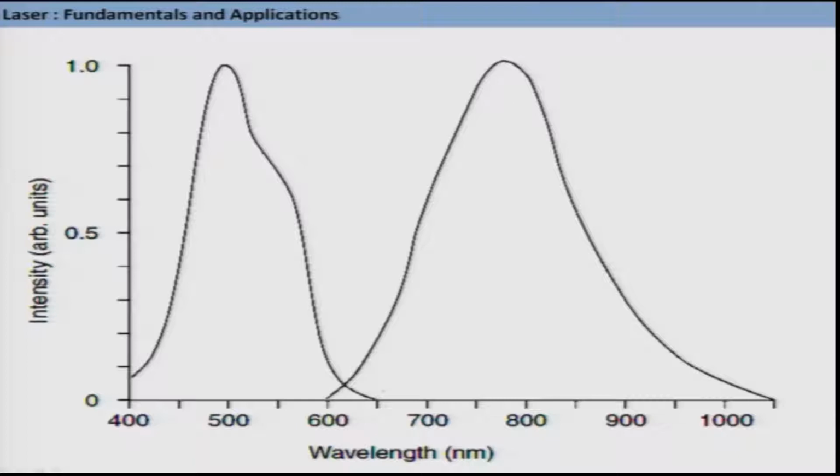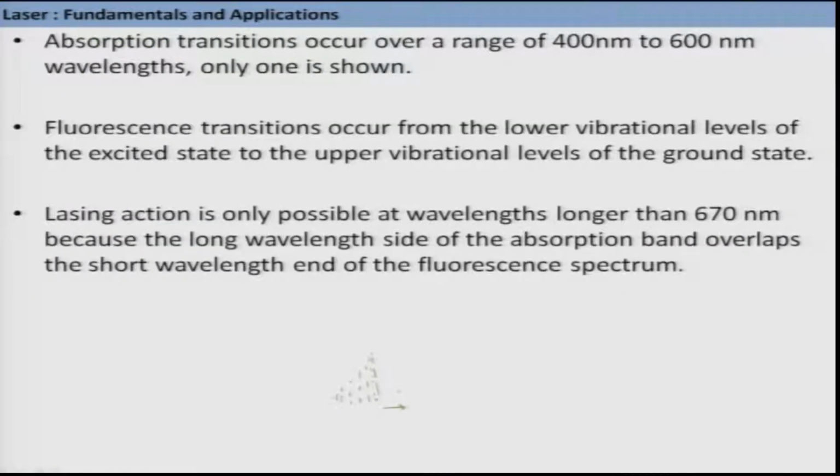So if the lasing takes place in this region, virtually I can say in this region, due to the presence of the absorption band, or in other words sufficient absorption cross section over that wavelength region, my lasing will not be efficient. So essentially the range from here onwards will be the effective laser wavelength. Okay, so that's what is said in this last paragraph.